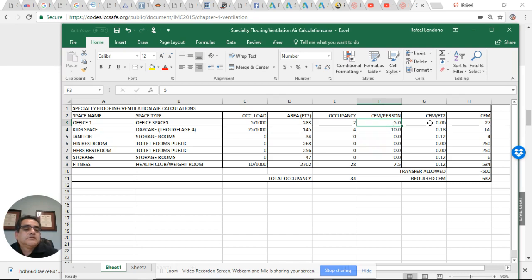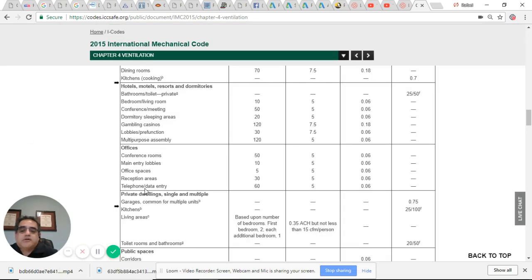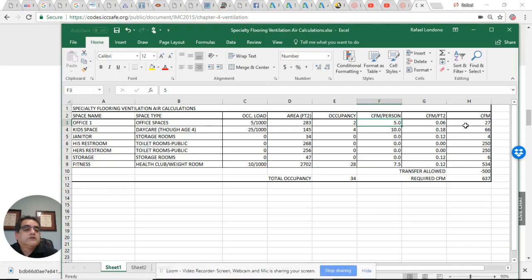And then the table also tells us that for every square foot of area, we also add 0.06 CFM of air. So we go back to the office spaces, 5 people per 1,000 square feet, 5 CFM per person, and 0.06 CFM per square foot. So what the table does here, it gives us that room needs 27 CFM of fresh air. Okay, and that's also part of the calculations.